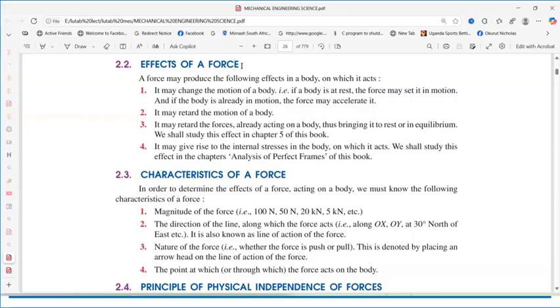So someone can set a scenario and you find that he is asking this question indirectly. If they are talking about effects of the force that was applied to a body, one of the things you have to remember is that it may change the motion of that body. This is how a scenario can be.